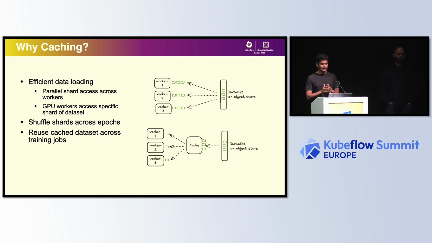Also, by providing direct access to the sharded data with caching, it can easily allow workers to access specific shards across epochs. And when multiple training jobs access the same dataset, a caching solution can greatly improve resource usage, reducing the need to re-download and reprocess the entire dataset from storage.